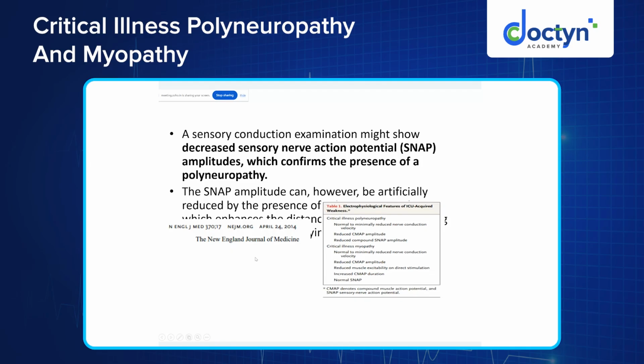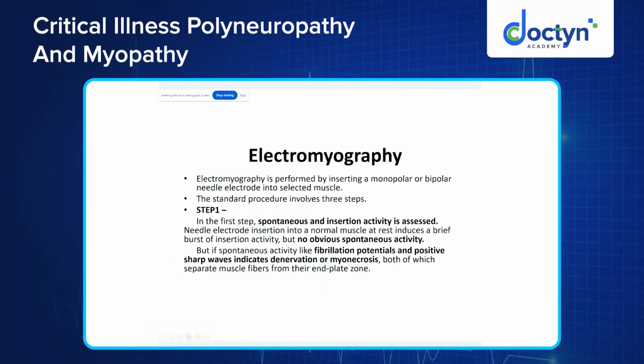The electrophysiological features of ICU-acquired CIP can be a normal to minimal reduction in the CMAP amplitude, and there can be a reduced SNAP amplitude. But what exactly are the findings in critical illness myopathy? There is reduced CMAP amplitude and increased duration of the CMAP. But SNAP amplitude is normal in critical illness myopathy as compared to critical illness polyneuropathy. There is also reduced muscle excitability on direct stimulation.